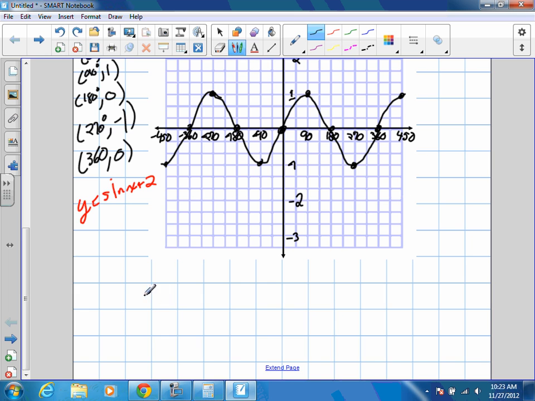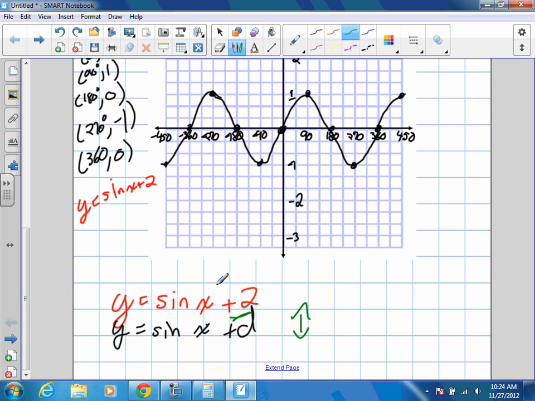What I've written here is y equals sine x plus 2. So what letter does this deal with? D. D, that's right. y equals sine x plus d. What did D deal with, Khalil? Good. So, because it's positive 2 and we're dealing with vertical, either up or down, which direction are we going? That's it. We're going up 2.